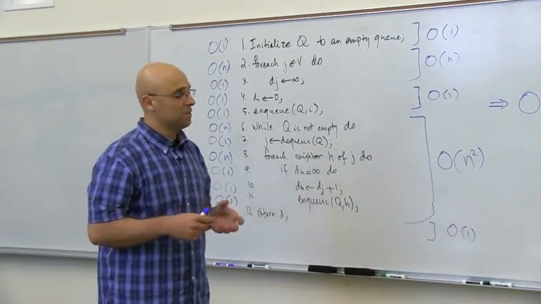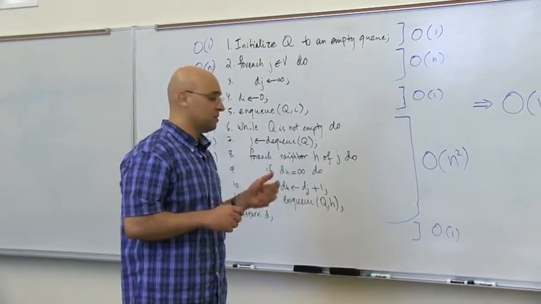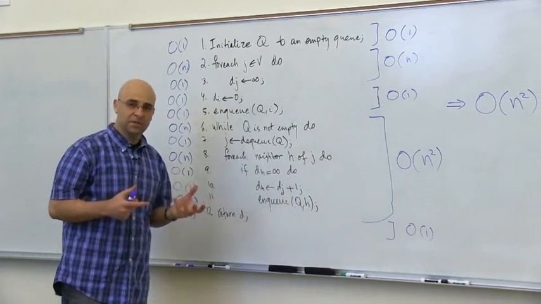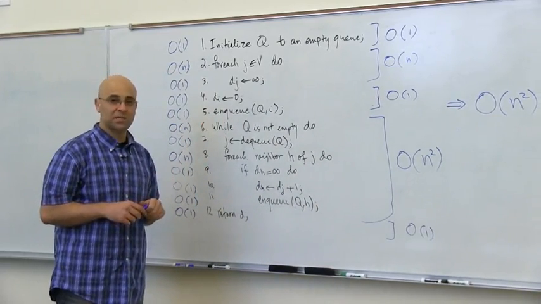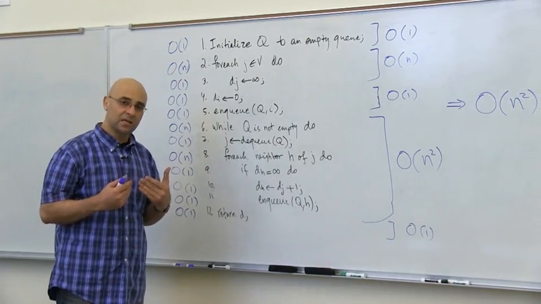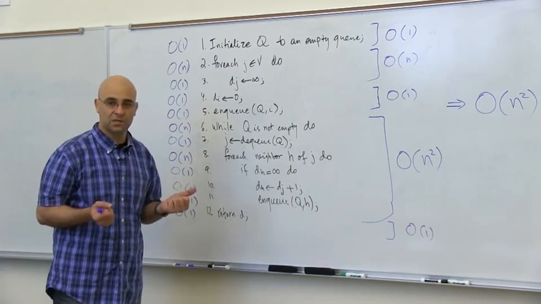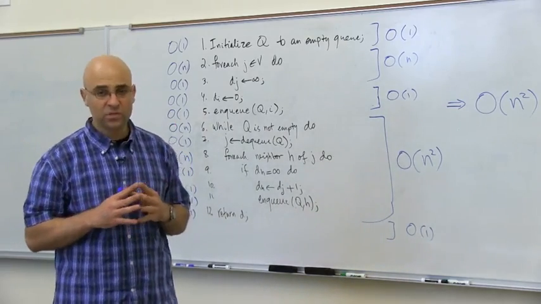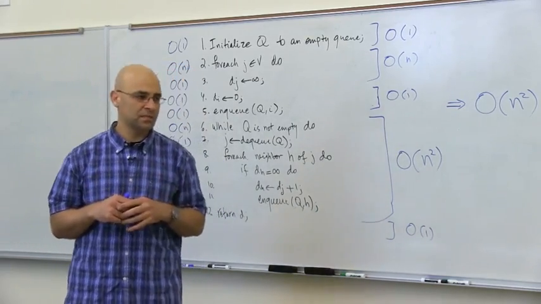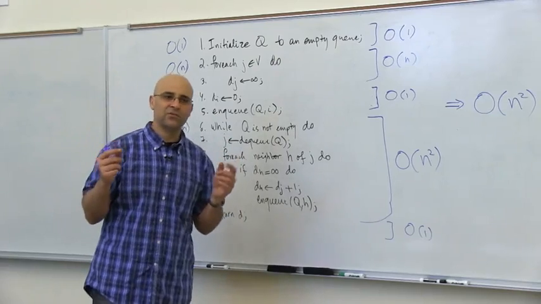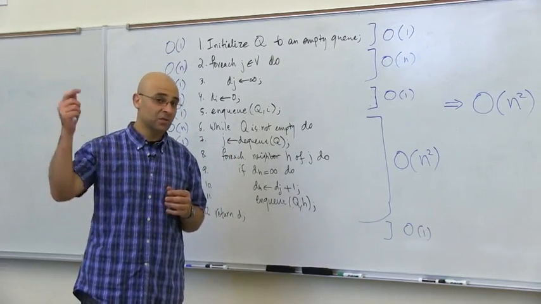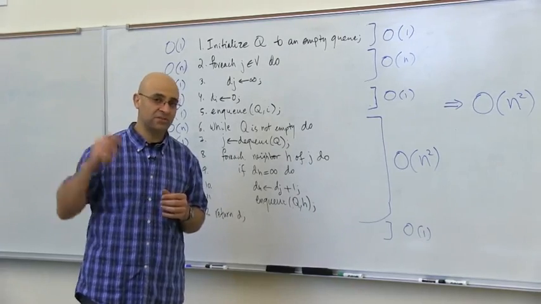So this is our first attempt at analyzing the efficiency of this algorithm. And as you can see, this is a very efficient algorithm. It takes a quadratic amount of time in the number of nodes in the graph. Like before, when we looked at the brute force algorithm for computing distances, remember that even for 250 nodes or something like that, the algorithm would have taken 10 to the 59 years.